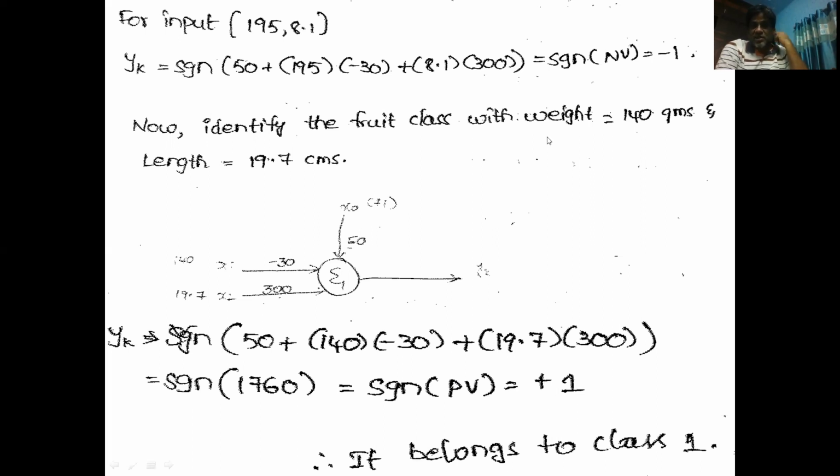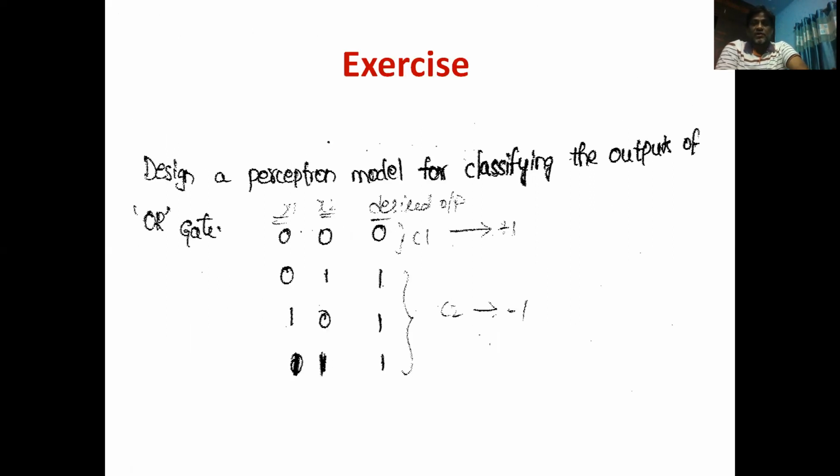That means the given fruit with weight 140 grams and length 19.7 centimeters belongs to class 1. That is how a perceptron can act as a pattern classifier, as shown in this example, and how we can design perceptrons and use them for pattern classification problems.